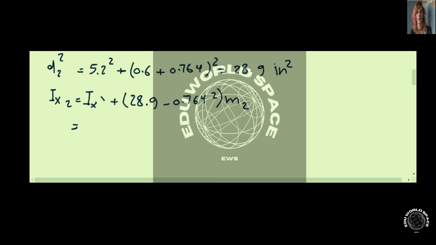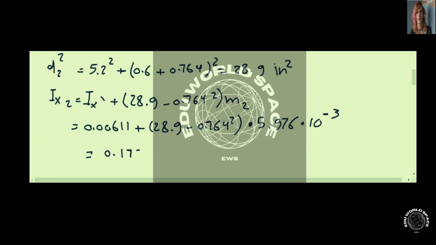So it's equal to 0.00611 plus 28.9 minus 0.764 squared multiply 5.976 multiply 10 power negative 3, which is equal to 0.17533 pound second squared inch.